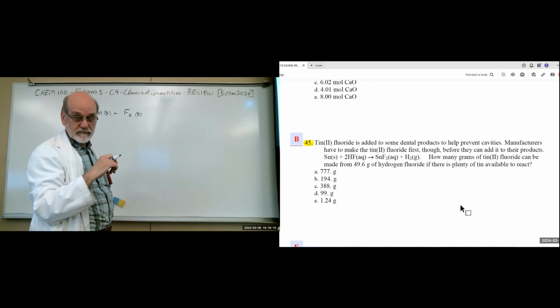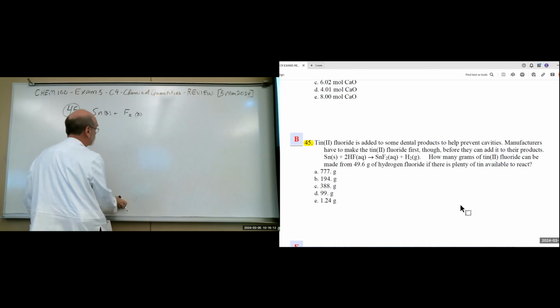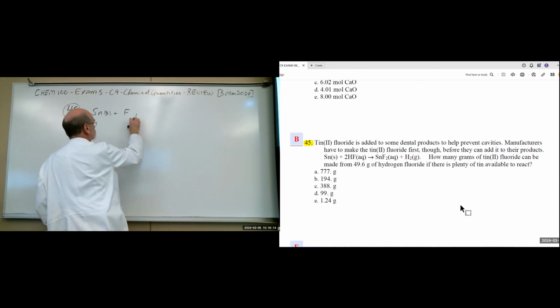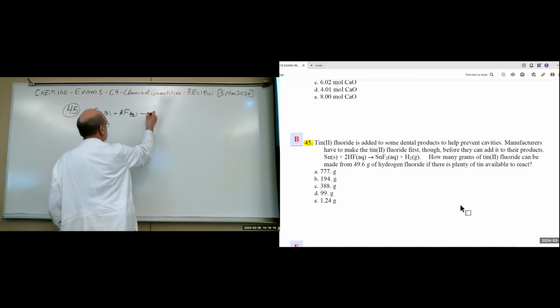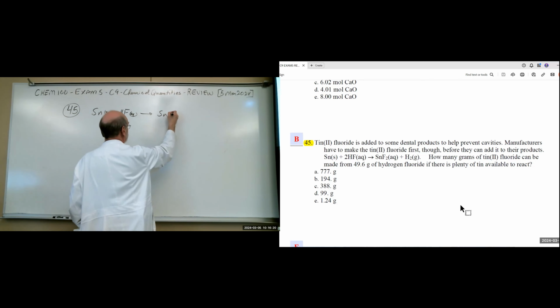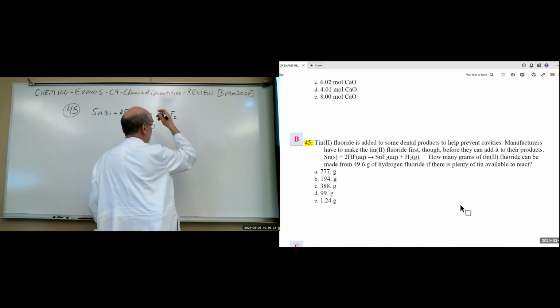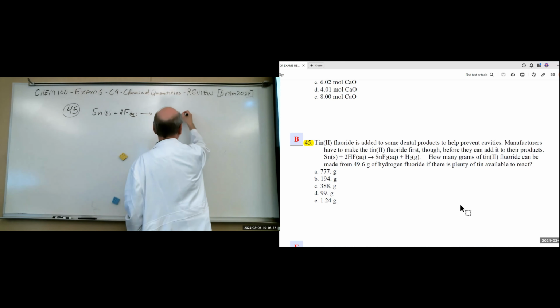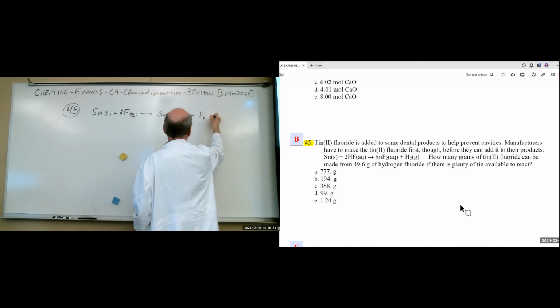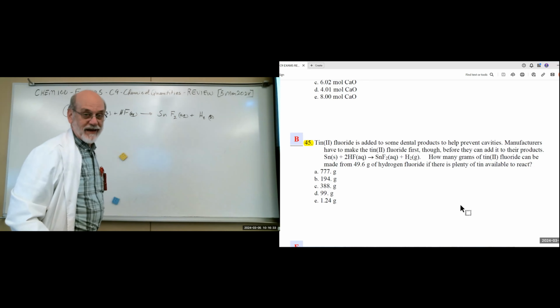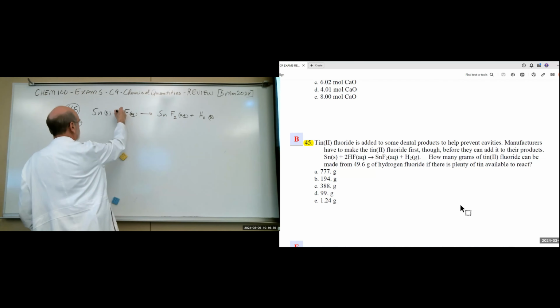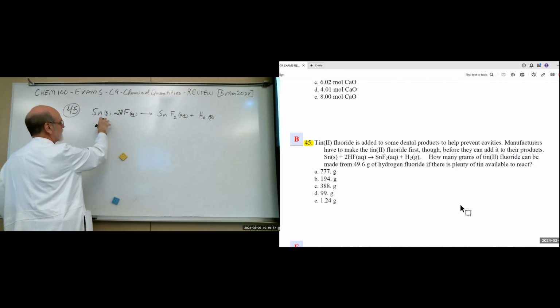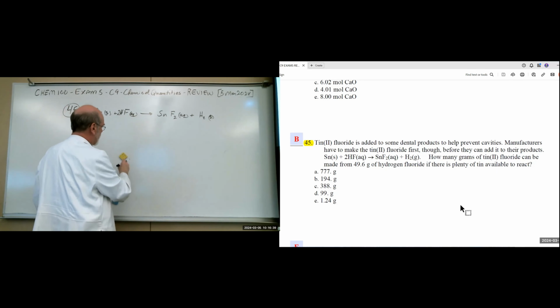HF, hydrofluoric acid, yields that, and then hydrogen gas. Is that balanced? Well, let's see. Yeah, that's balanced.